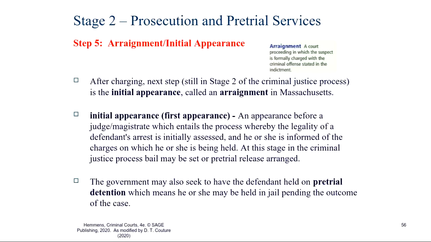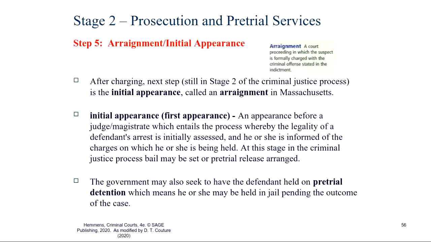Okay, so whether it is by complaint or by information, unless it's after a grand jury indictment, the first courtroom step in the process is called an arraignment in Massachusetts, or initial appearance. This is before a judge.